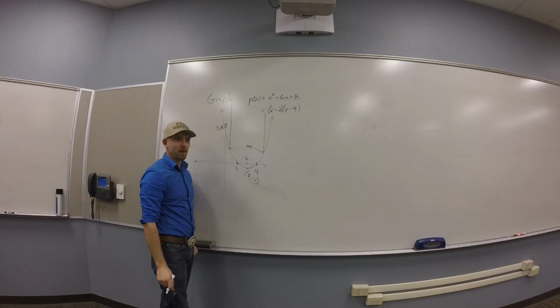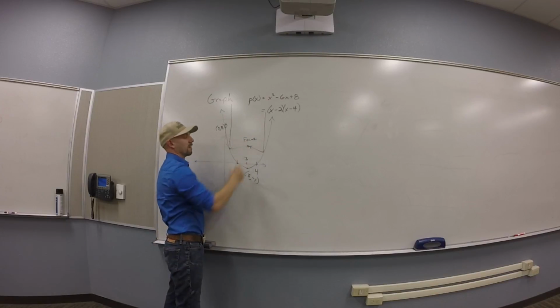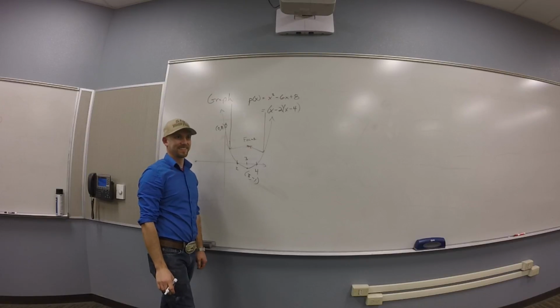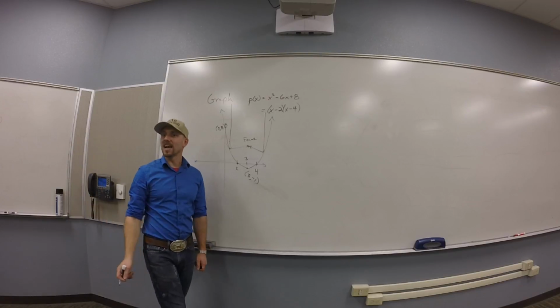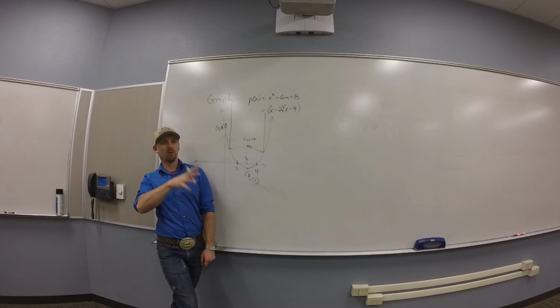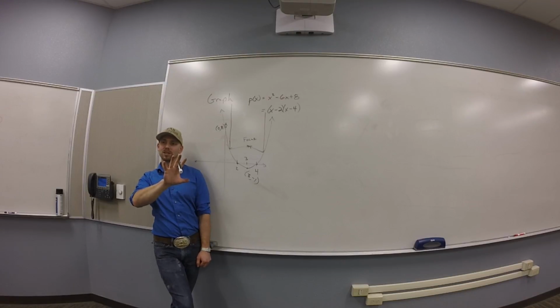I just want you to know that point exists. That thing's called a focus. We could find it, it would take some effort, and it's not the topic today. But this is exactly how satellite dishes work. You want to point this thing at some signal and concentrate that signal into one space.